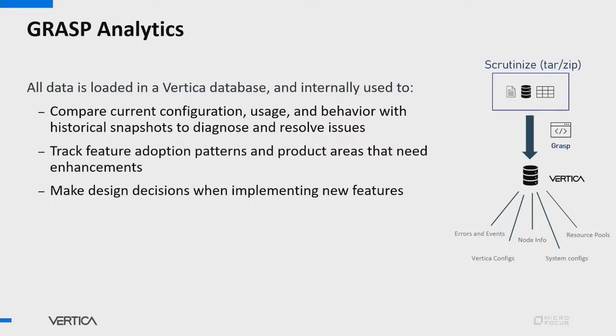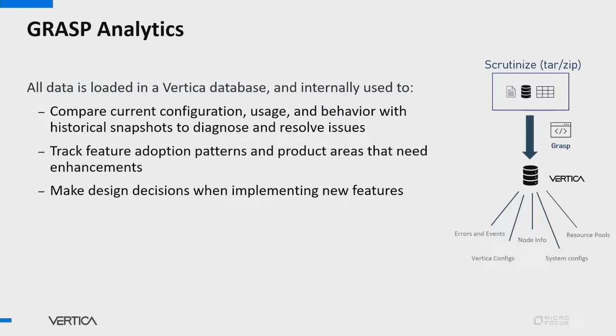Along with this data, we also load in this database our interaction with the customers and the defects that we file for our customers. This database today is roughly about 40 terabytes in size and proving to be very valuable from different respects.